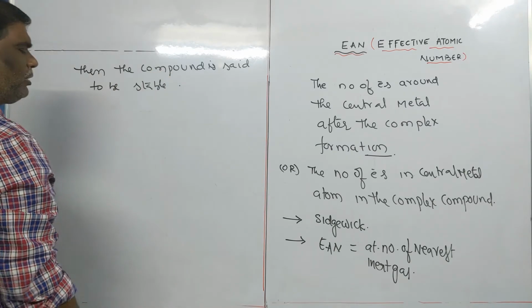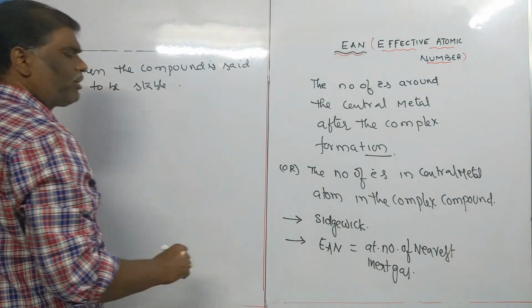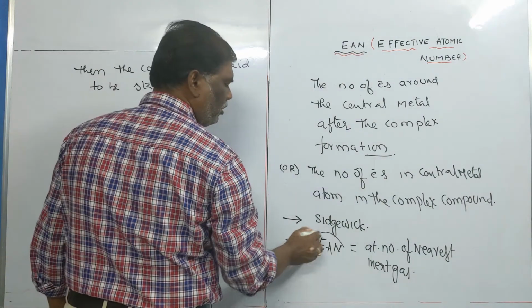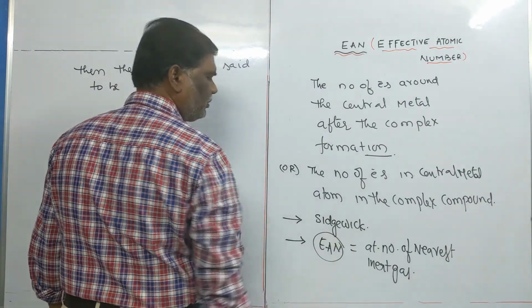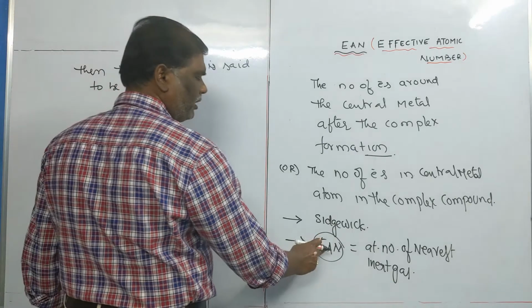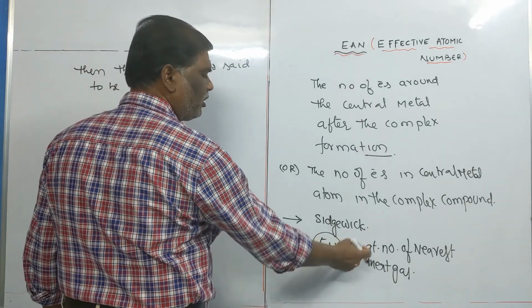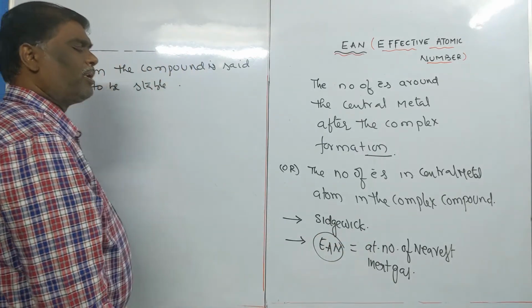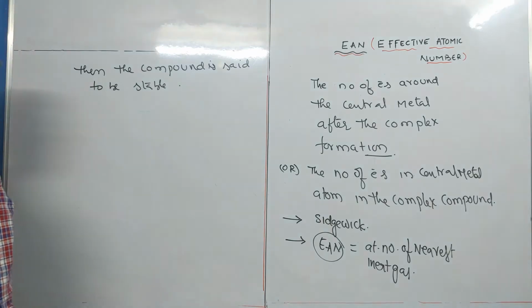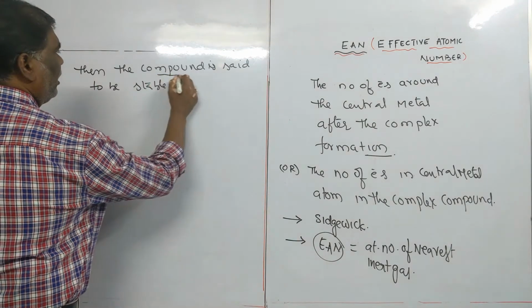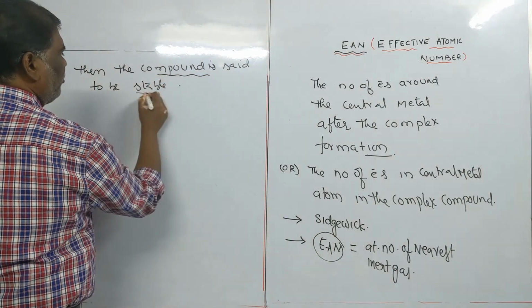So what is the rule? If the effective atomic number of the central metal atom in the complex is equal to the atomic number of the nearest inert gas, then the compound is stable.